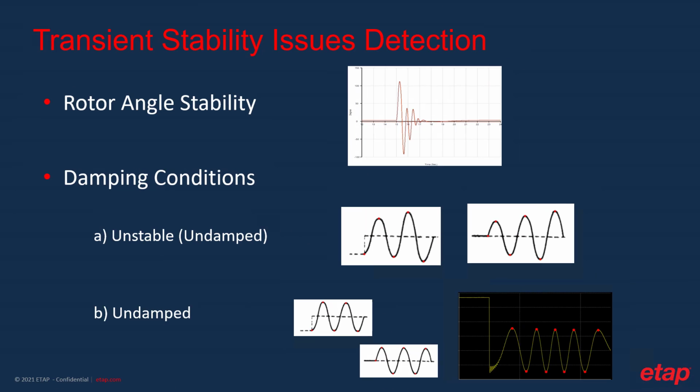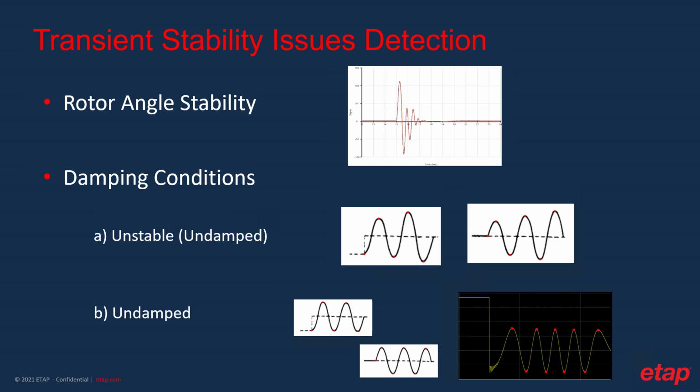Before we move on to the last examples for today's presentation, we need to refresh a couple of items first. As we all know, in transient stability studies, different types of disturbances are modeled and analyzed to determine the ability of the power system to return to a stable condition after such events. One of the results that we usually keep an eye on during this type of studies is the rotor angle.